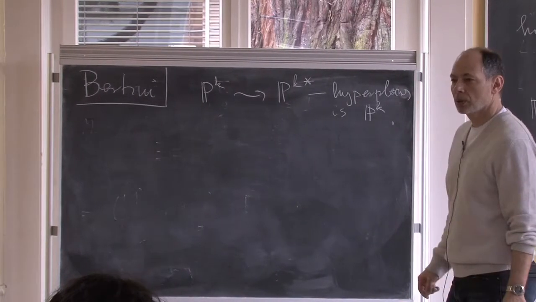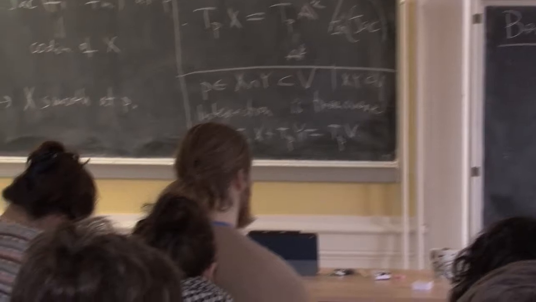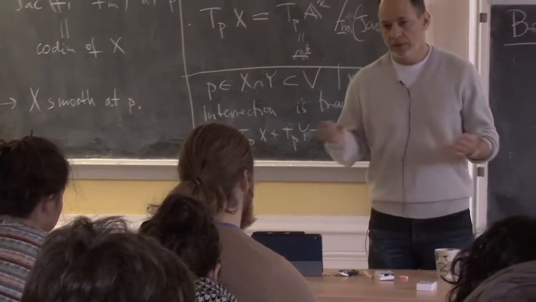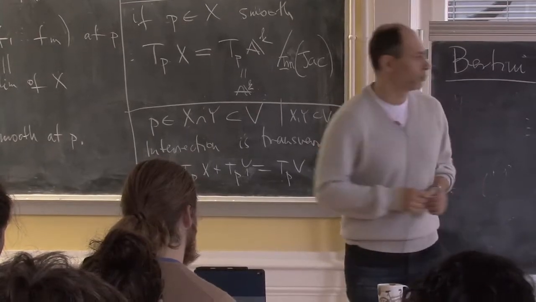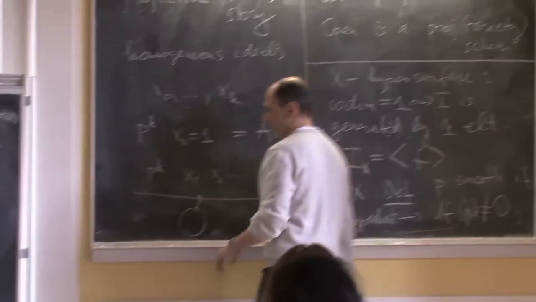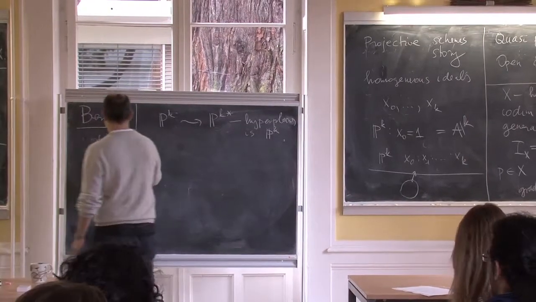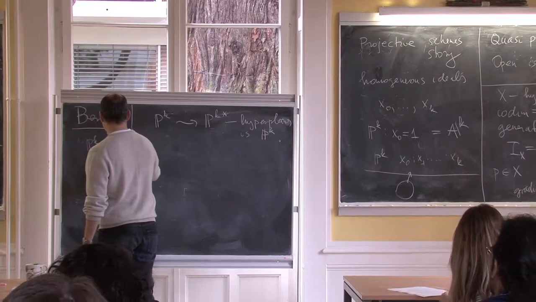What is a hyperplane? So we call it a hyperplane. Everything is projectivized. So for example, P^k is given by these coordinates, right?